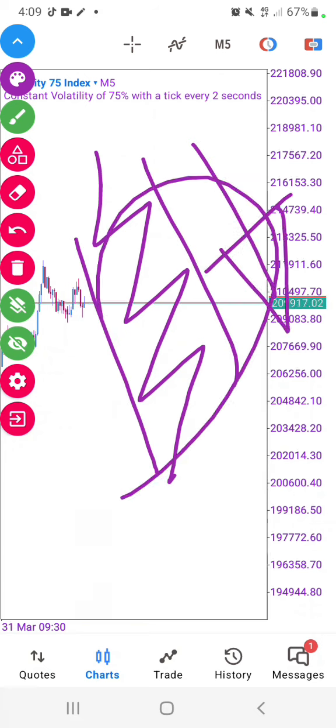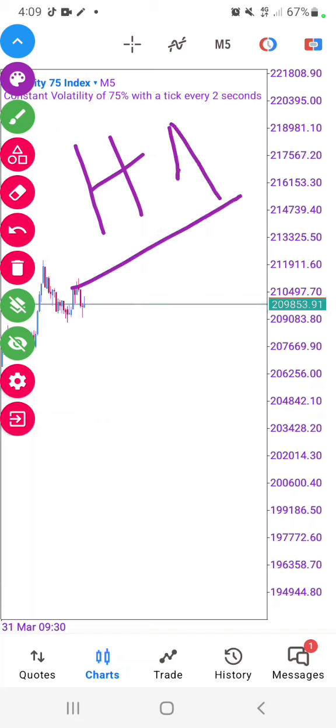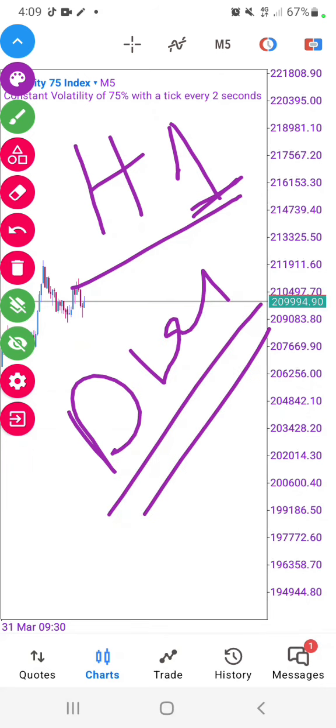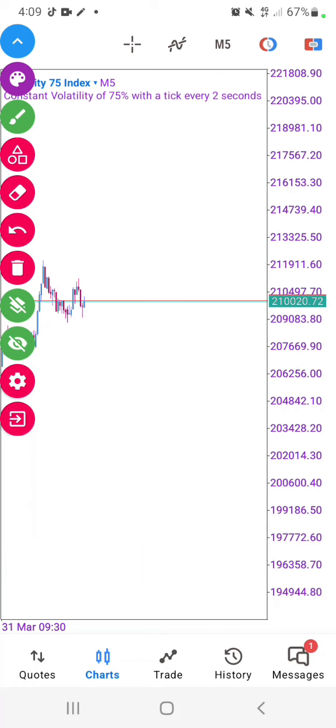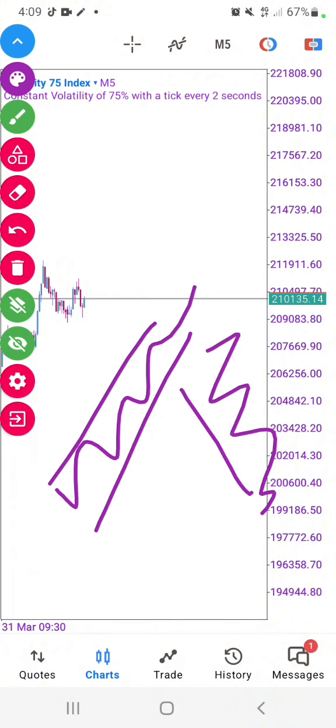So what we have to do in this strategy: our high time frame is going to be H1, to identify the direction of the market. After doing that, we go to H1 and identify the overall direction of the market, whether it is going up or going down.